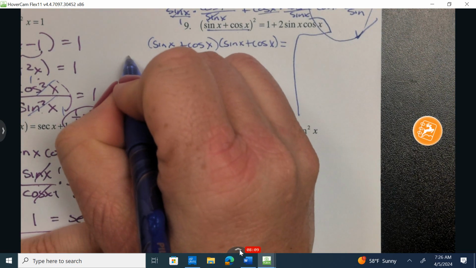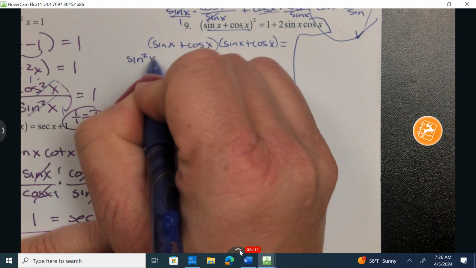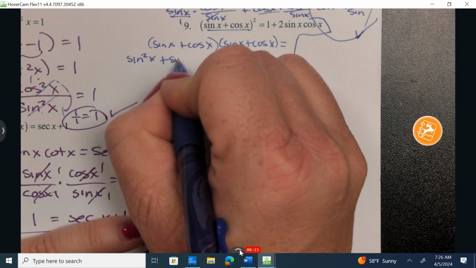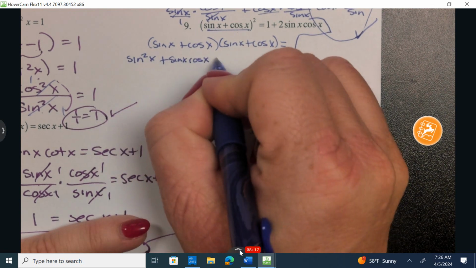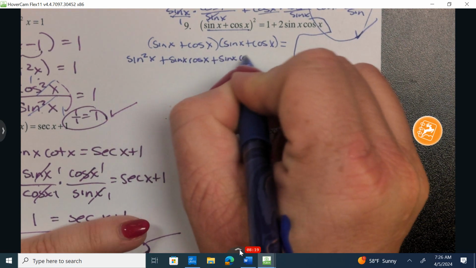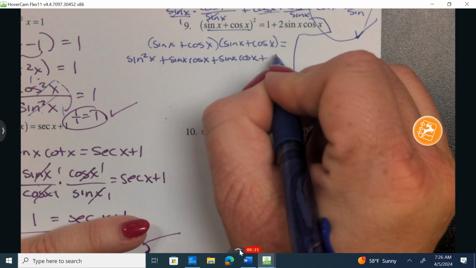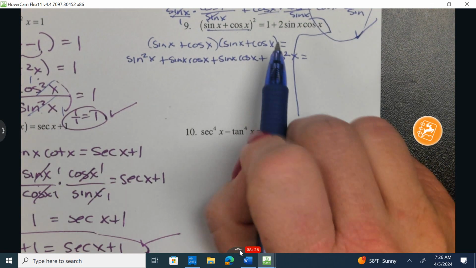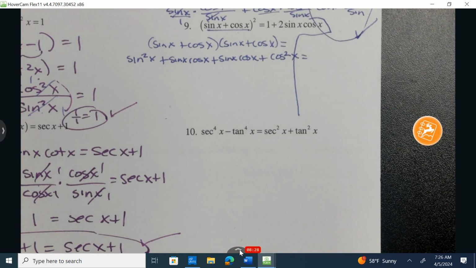Now, I'm going to go ahead and I'm going to FOIL. So multiplying the fronts, sine squared x, multiplying the outside, sine of x, cosine of x, multiplying the inside, sine of x, cosine of x, and multiplying the last, cosine squared x. Now, I know that this is what I'm going to be left with at the very end. Well, let's see here.